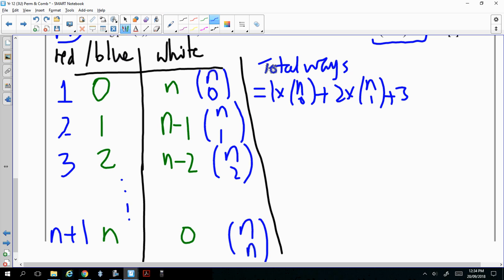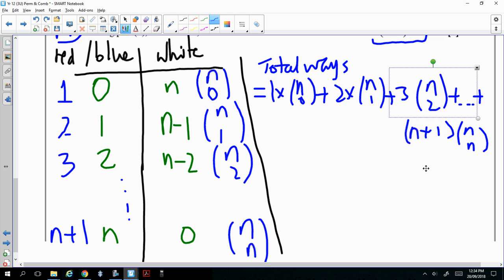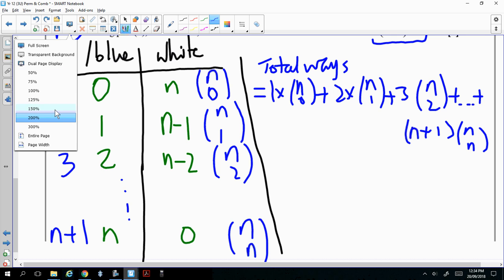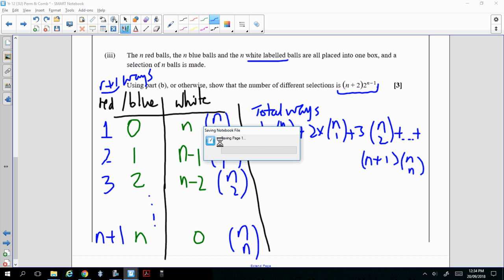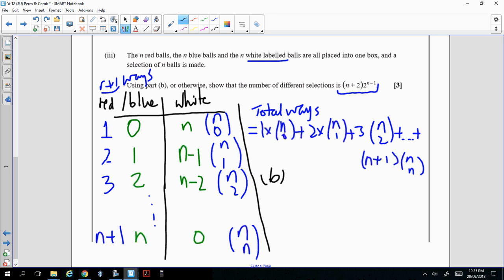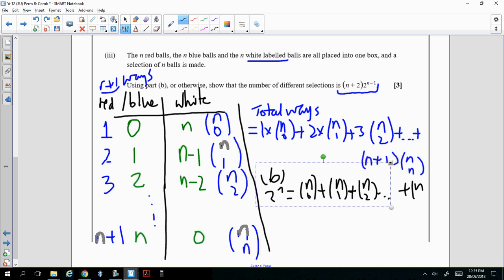And you have to use part B to sum that series. We'll look at part B in a minute. Now, what does part B tell us? Part B tells us two formulas. There's this formula, which is nC0 plus nC1 plus nC2 plus dot dot dot nCn. And the other formula is n times 2 to the power n minus 1 equals nC1 plus 2 nC2 plus dot dot dot n nCn.